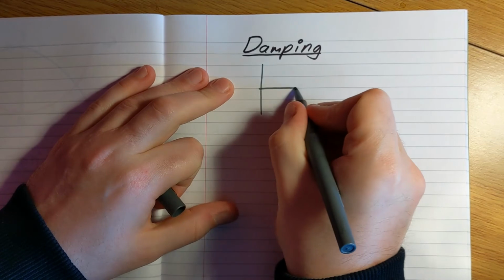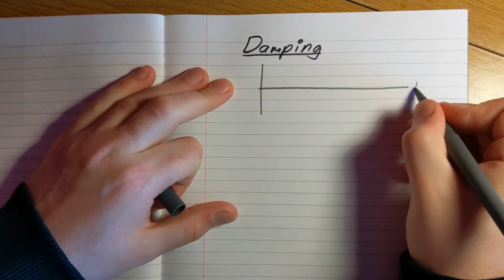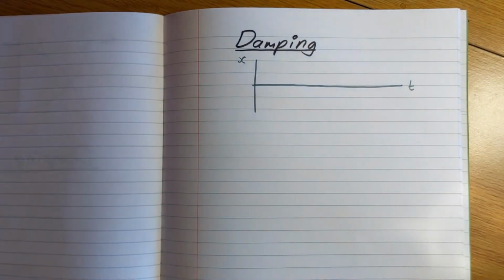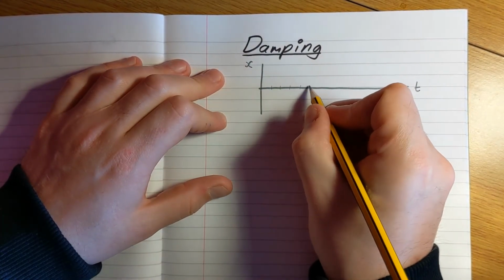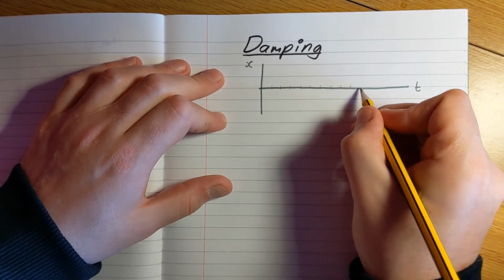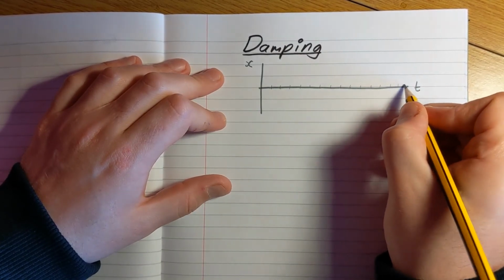So if we do just a graph of displacement against time for an oscillator, and if I do a few of these little tick marks just to make life a bit easier for myself.